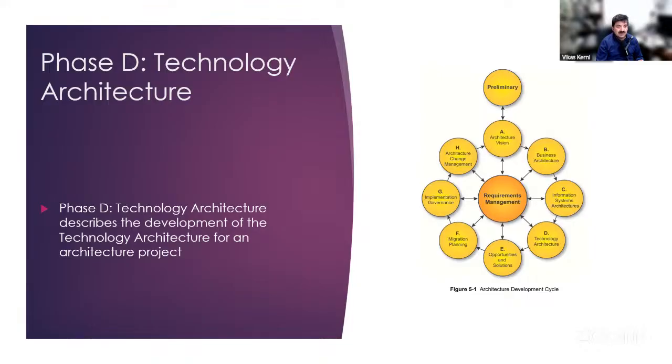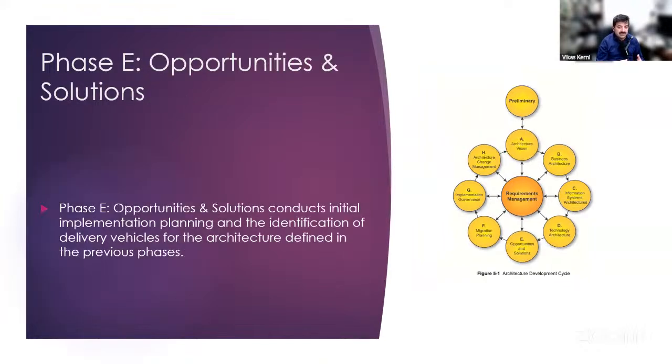Then comes a phase where you have to build the software and hardware capabilities, involve the infrastructure guys, and make sure your network is aligned with your future architecture. Then the opportunity and solution phase: here you conduct initial implementation planning and identification of delivery vehicles for the architecture defined in the previous phases.